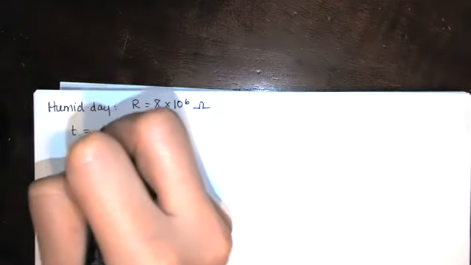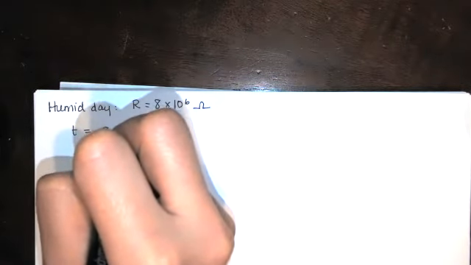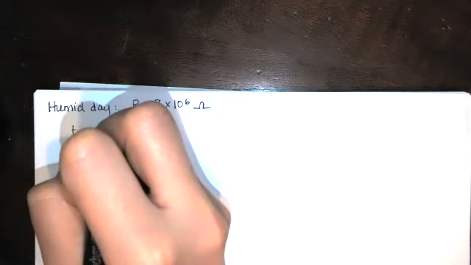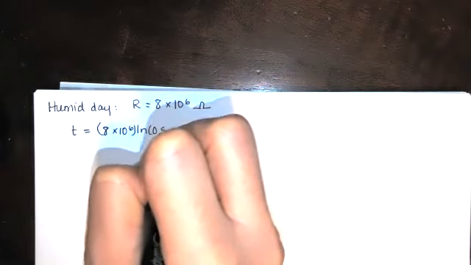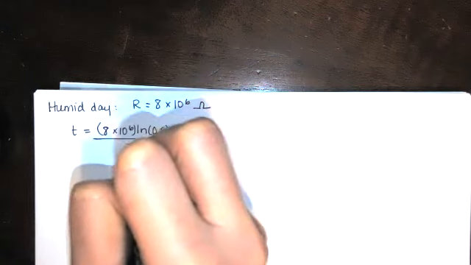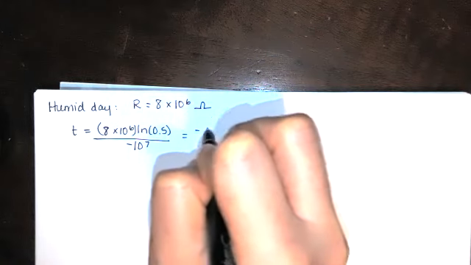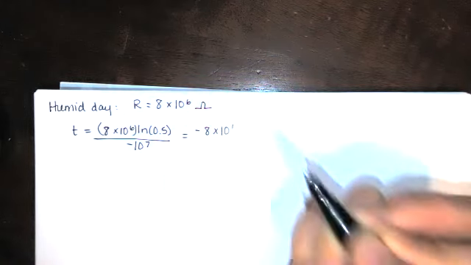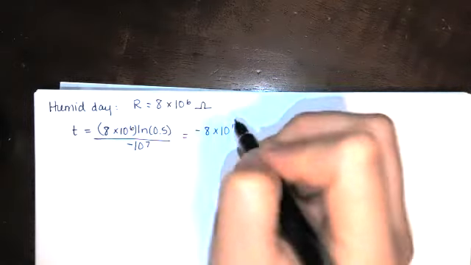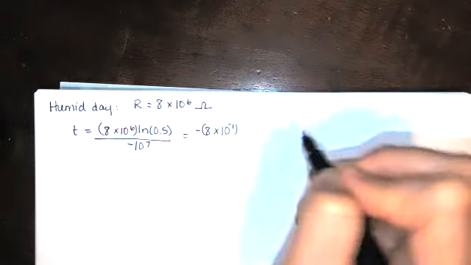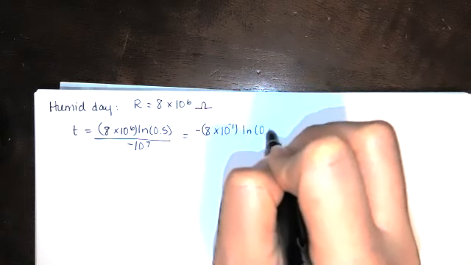So t is R, which is 8 times 10 to the 6 times natural log of 0.5 divided by negative 10 to the 7th. So we have negative 8 times 10 to the negative first, since 6 minus 7 is negative 1, times natural log of 0.5.